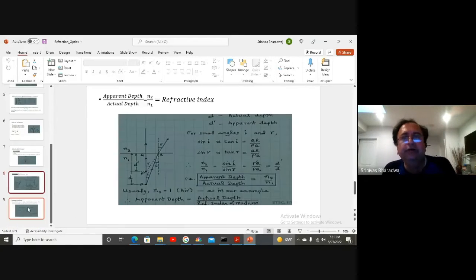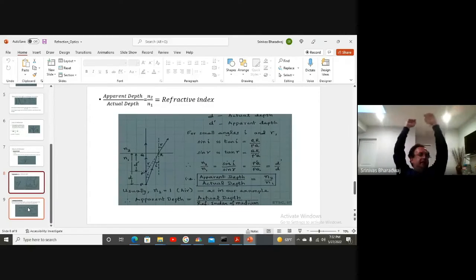So how do you calculate that? You calculate it using the apparent depth and the actual depth, which gives the refractive index of the medium, and you can do this derivation yourself. Always remember the most important idea, the paraxial approximation. What is the paraxial approximation?